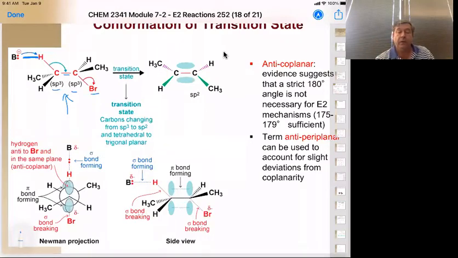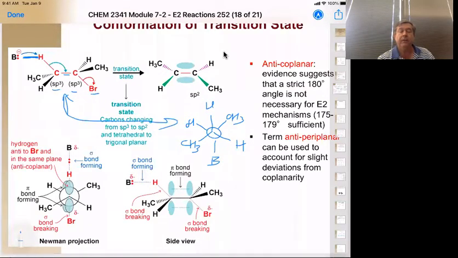The rear has a methyl group, a hydrogen, and a bromine on it, and the front has a methyl group, CH3, H, and H. So go back and remember how to convert this to that.